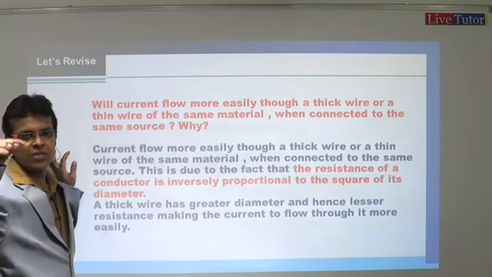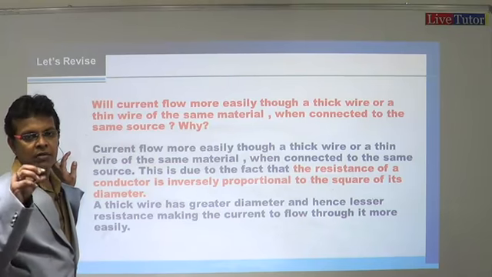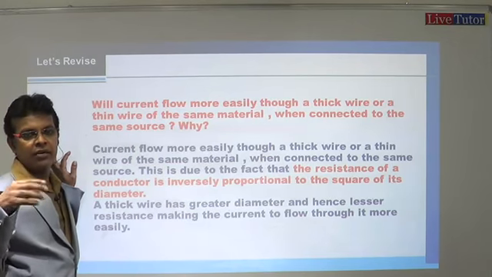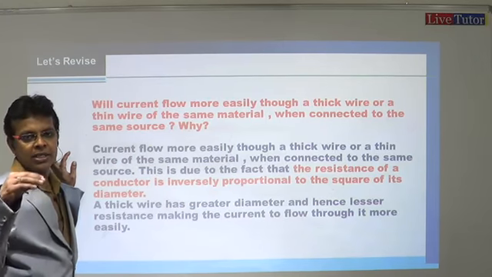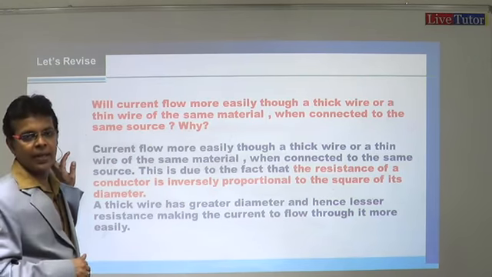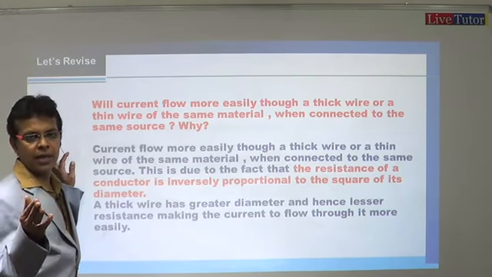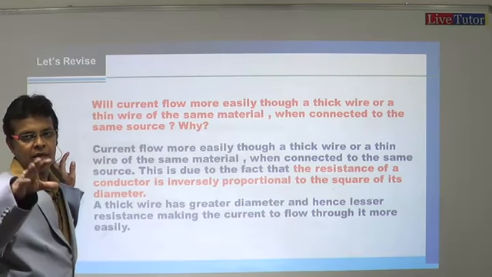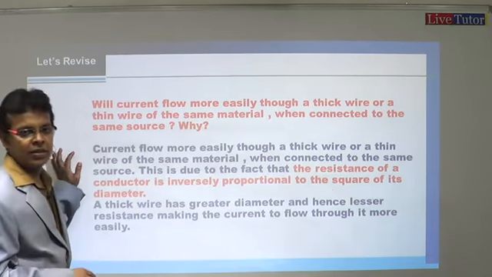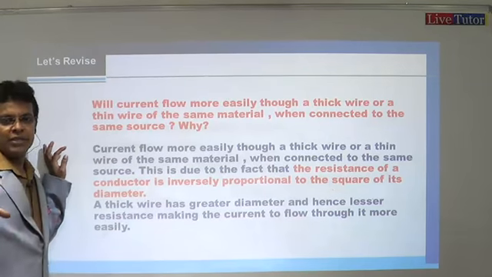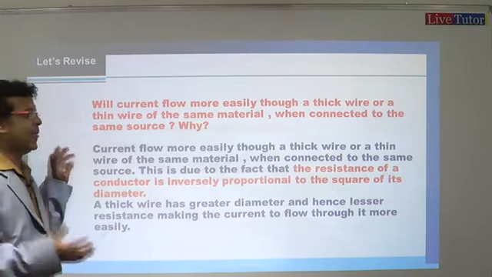If area of cross section is more, what will happen? It will allow more charges to flow through that. So that means the resistance will be decreasing. As I told you, you remember this point. I remember in a ground, I said when more people are there, it's very difficult to go through them, isn't it? That's what I said. Remember that.